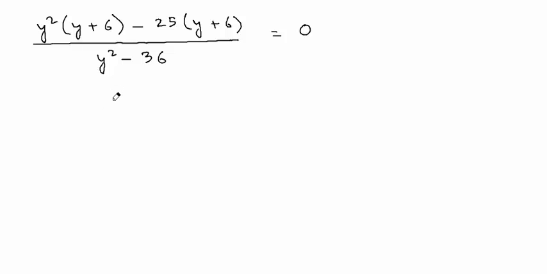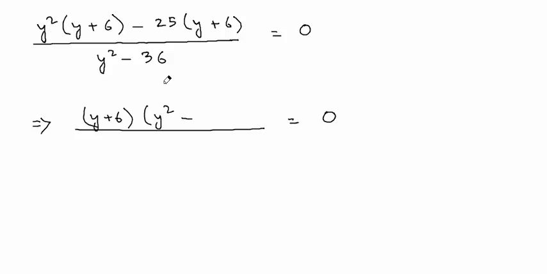So in the next step, let's go ahead and rewrite all of that in the factored form. On the numerator, like I said, the common factor is y plus 6. Take that out. From the first term, you're left with y squared. So we have y squared minus 25. So that's the factored form of the numerator. In the same way, you can factorize the denominator.